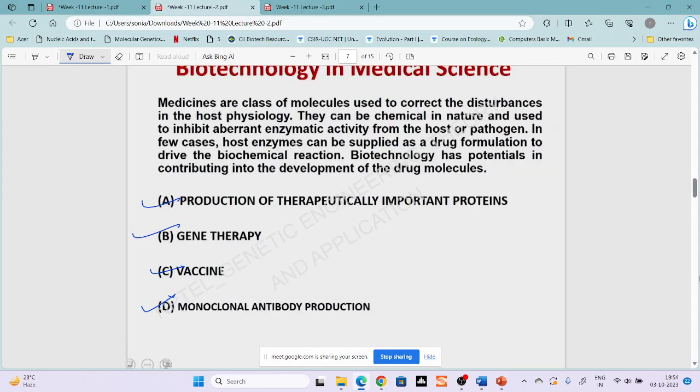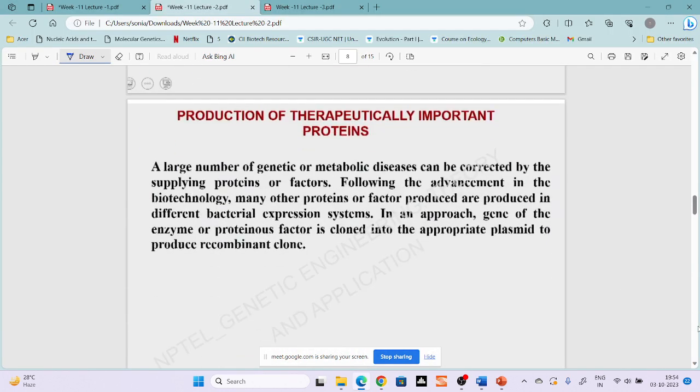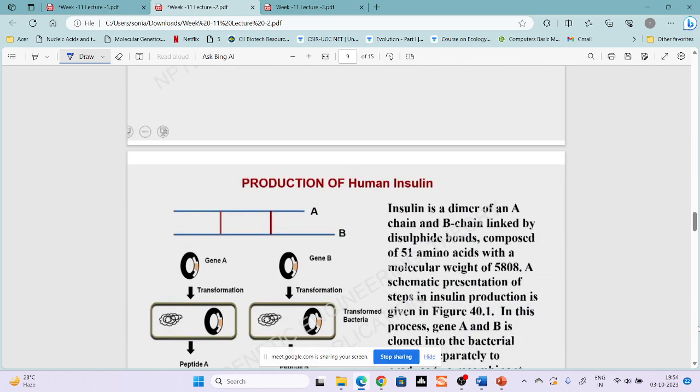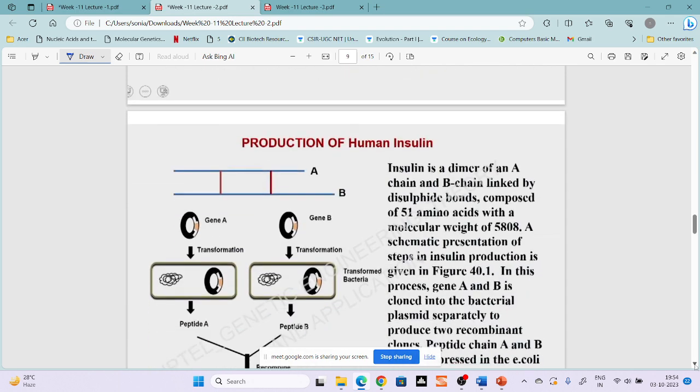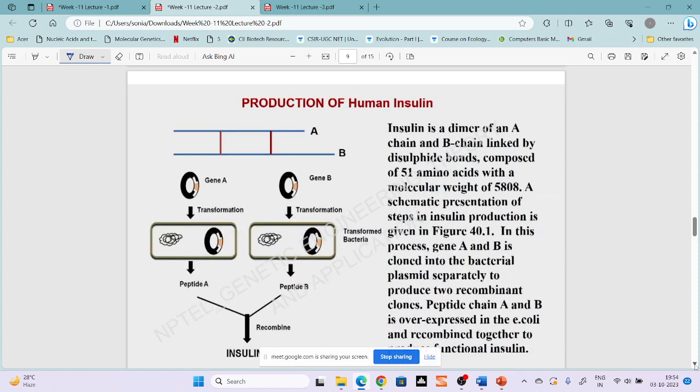Okay, fine. So, for the production of therapeutically important proteins, for example, insulin, this is all what we have already studied. You take your gene of interest. Suppose here we're talking about insulin. Insulin is a dimer of two chains, A and B chains.